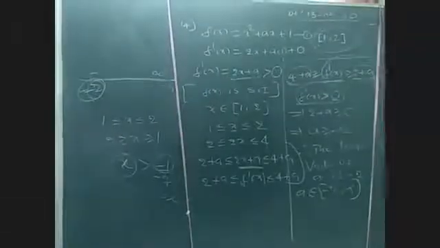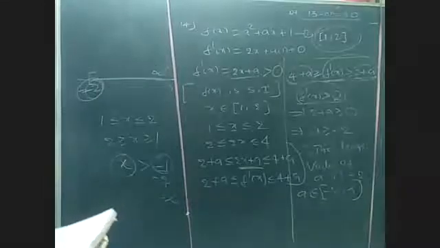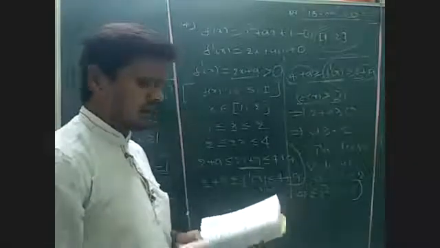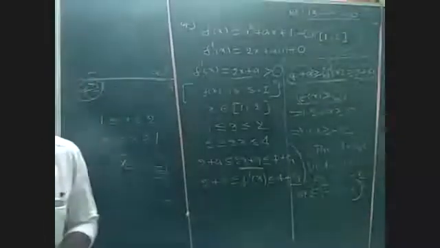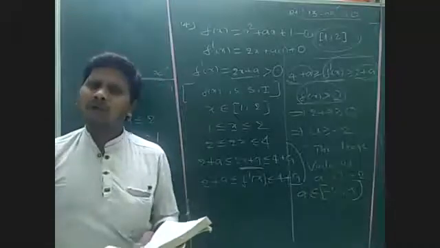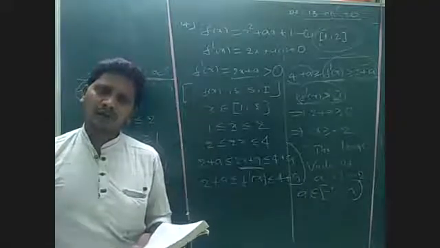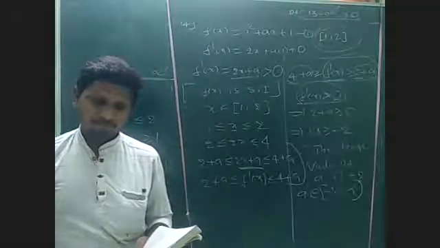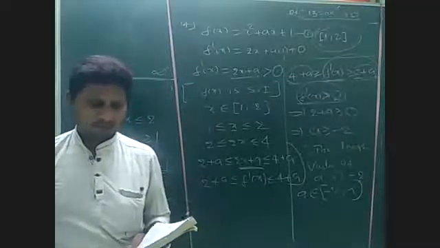Prove that the function f given by f of x is equal to x plus 1 by x is strictly increasing on I. What about the question? In the question, have they given an open interval or a closed interval? Closed interval, sir. Okay.